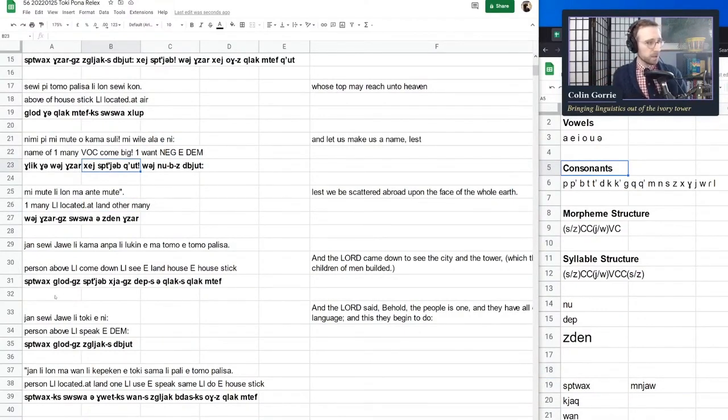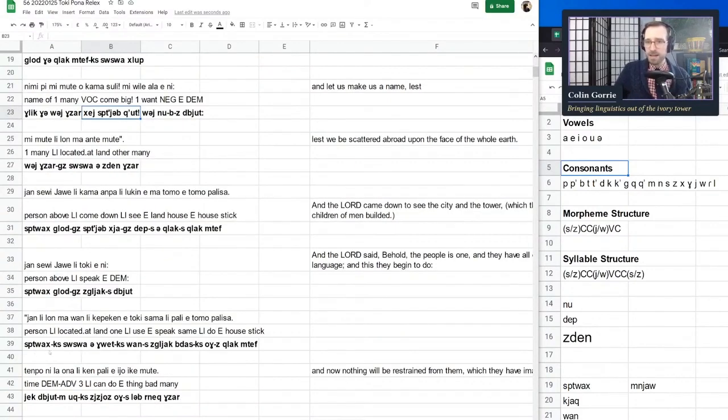Sptwach glodgs sptib chiags deps klaks klak mtef. Sptwach glodgs skliaks debut. Sptwachs swa roetks wans skliak bedasks ogs klak mtef.